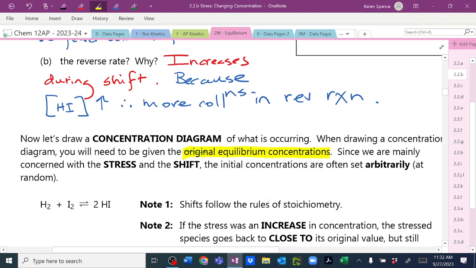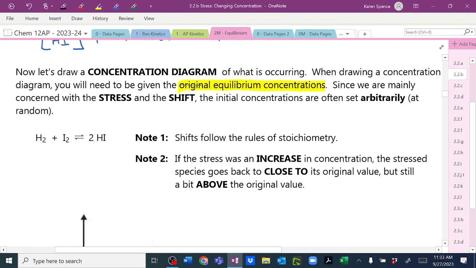If you are not given the original equilibrium concentrations, you can place them wherever you want and just make sure they go the correct direction. Okay. So, note number one, shifts always follow the rules of stoichiometry, which means you need to pay attention to what? The coefficients.